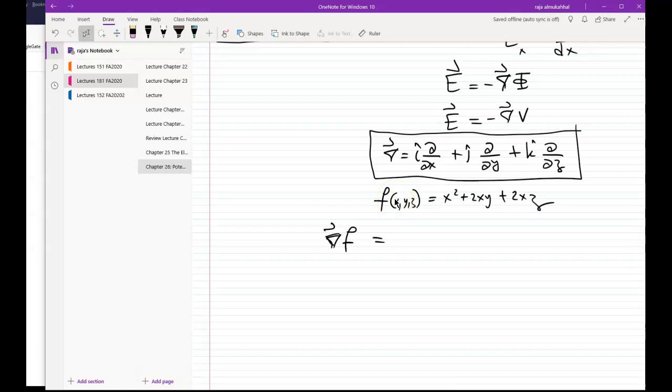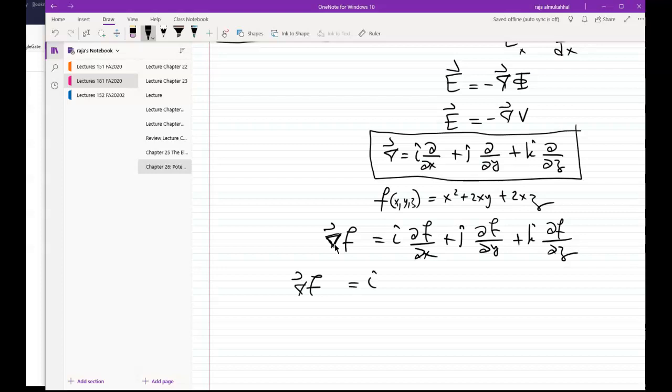Remember this function f is a scalar value. When you apply the del operator on it, it turns it into a vector. So basically it goes like this: i partial f partial x plus j partial f partial y plus k partial f partial z. Basically taking the partial derivative. I hope you know what a partial derivative is.